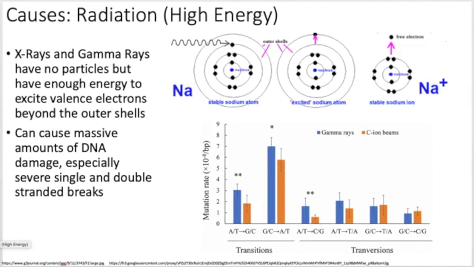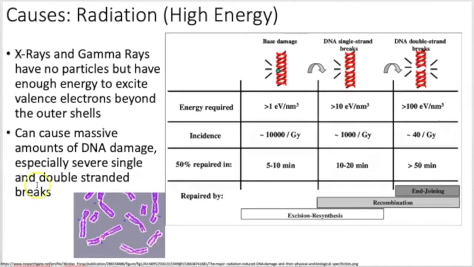And so now your phosphate is super upset because you've made it go from negative to neutral, and it doesn't like it. It wants that charge. And so it's going to start reacting with as many electrons nearby as it can to fill that orbital again. And so that's how you can get really severe damage, like double-stranded breaks or single-stranded breaks, which on the next slide, I actually have a picture of what that looks like.